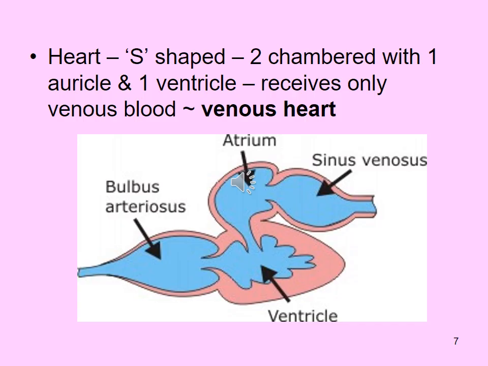The heart of the fish is S-shaped. It has two chambers with one auricle and one ventricle. It receives only the venous blood and hence it is called the venous heart.